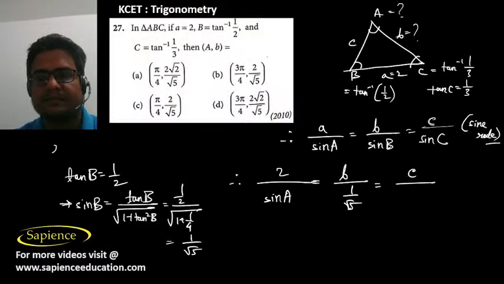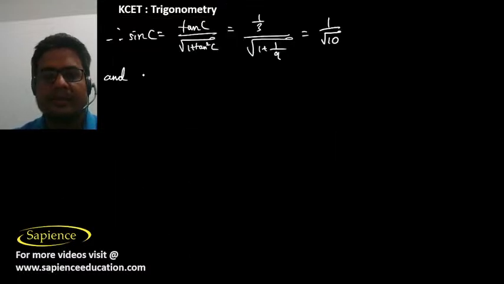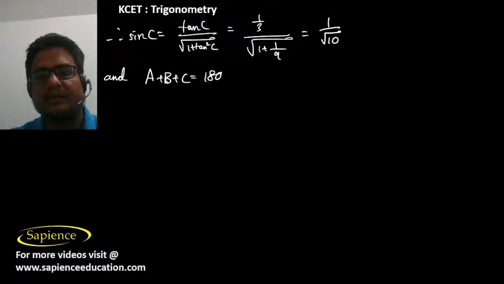Sine B and sine C we have found. And now we know that A plus B plus C is equal to 180 degrees.